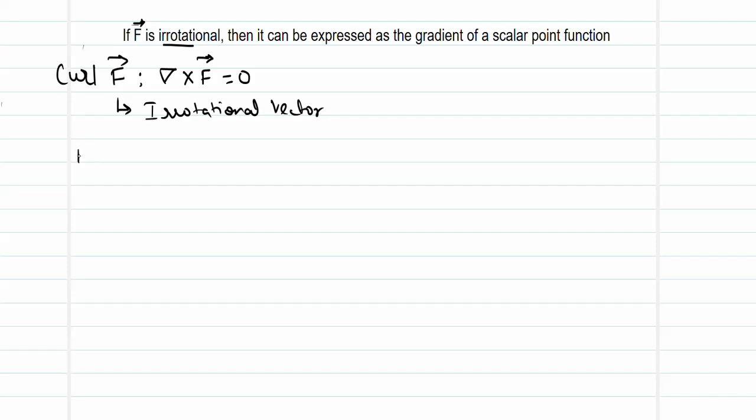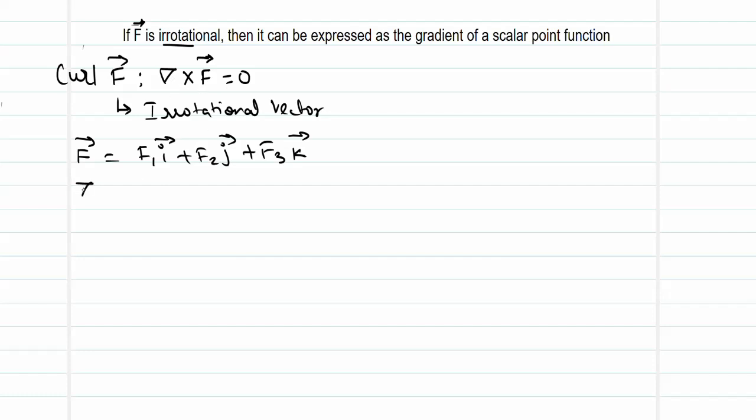Let this f vector be of the format f1 times i plus f2 times j plus f3 times k. Now what do we mean by del cross product with f?